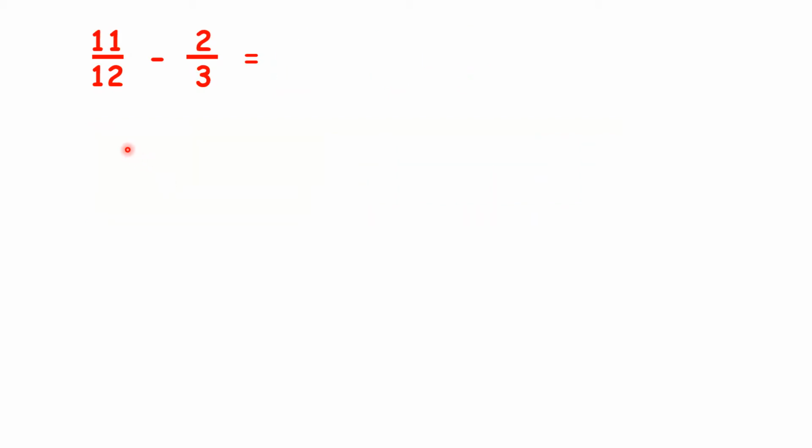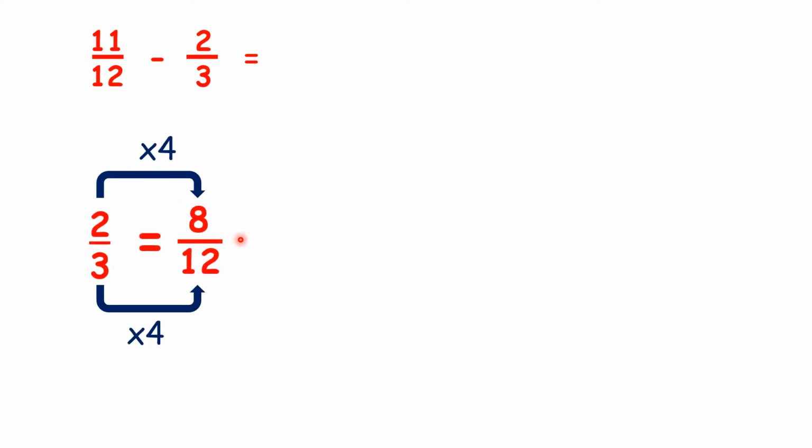Now pause the video and work out 11/12 minus 2/3. So we can change 2/3 into an equivalent fraction of 8/12. So we can work out 11/12 minus 8/12, and that gives us 3/12.